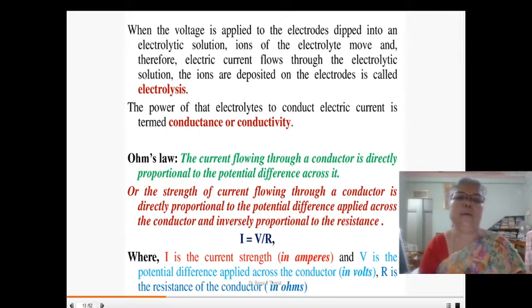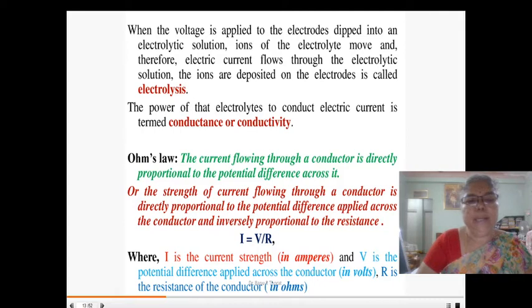All the conductors, metallic as well as electrolytic, obey Ohm's law. The statement of Ohm's law: the strength of current flowing through a conductor is directly proportional to the potential difference applied across the conductor and inversely proportional to the resistance.